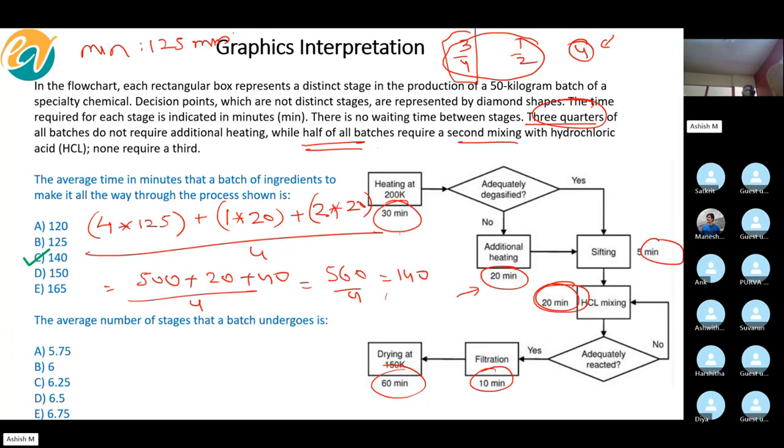Friends, are we clear with this calculation? It's mentioned that half of the batches require a second mixing. So that means the other two don't require it. So when we are adding to 125, why are we adding 20 for the mixing? Because of the additional, my dear friend, second mixing. One mixing is anyway required by all the batches.